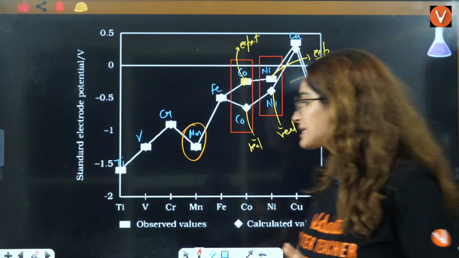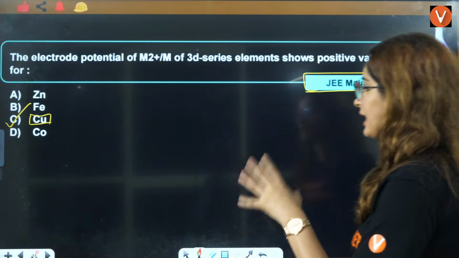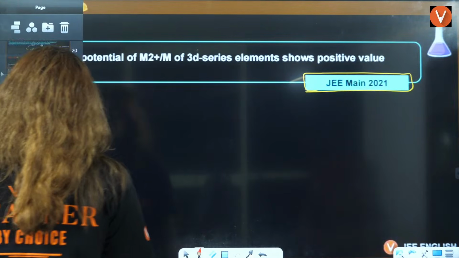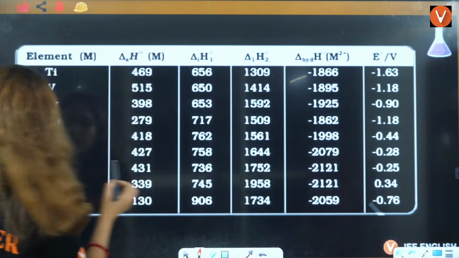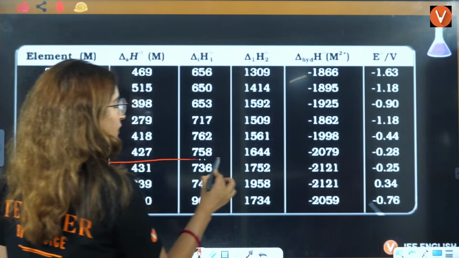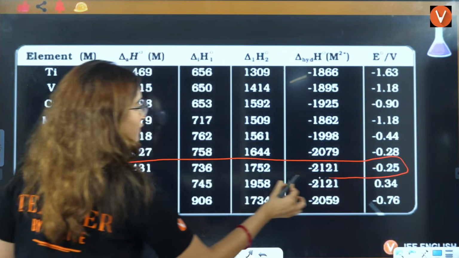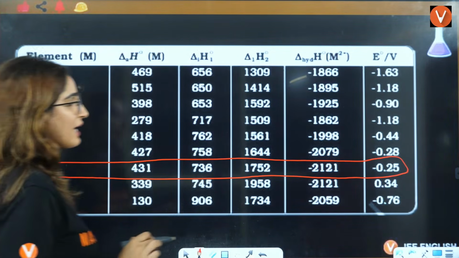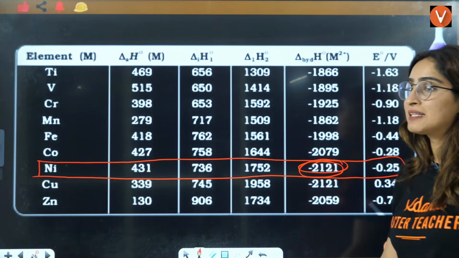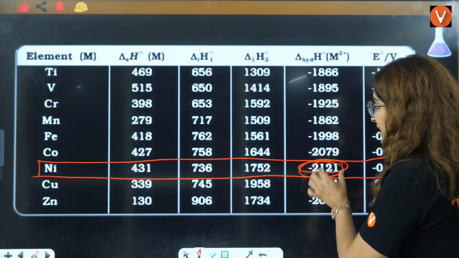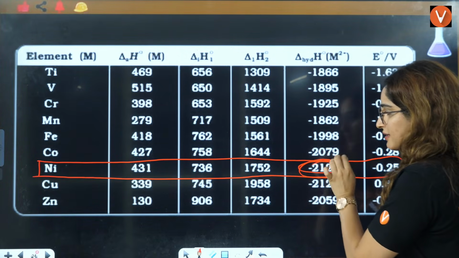conclusion here, right? What you will see through the table also, I'll show you here the table as well. This is the table. If you see, this is nickel. In the nickel, can you see this is having exceptionally high hydration enthalpy? That is the reason because of this very high hydration enthalpy.